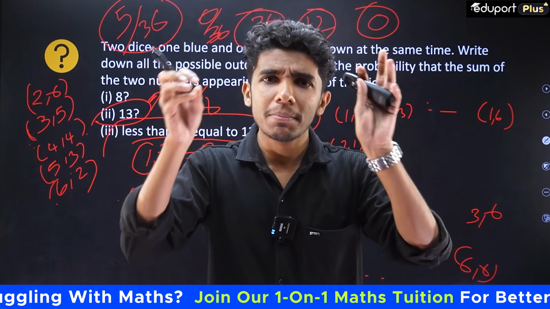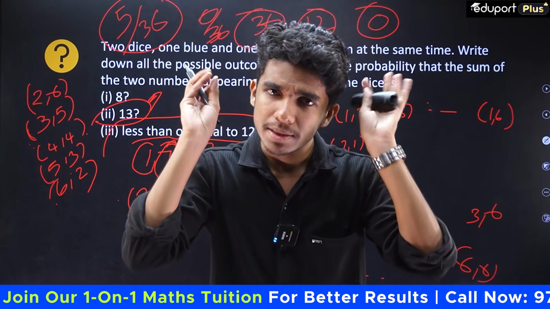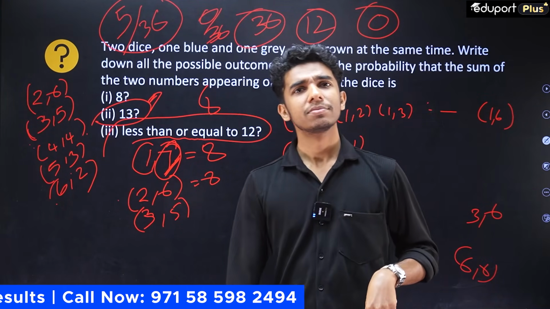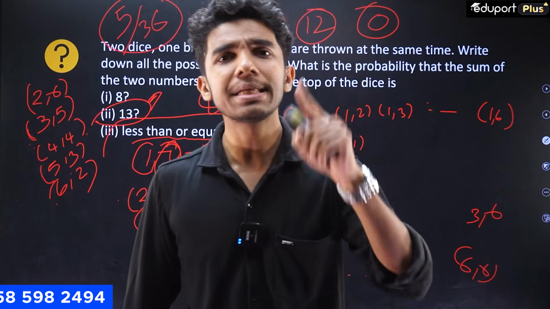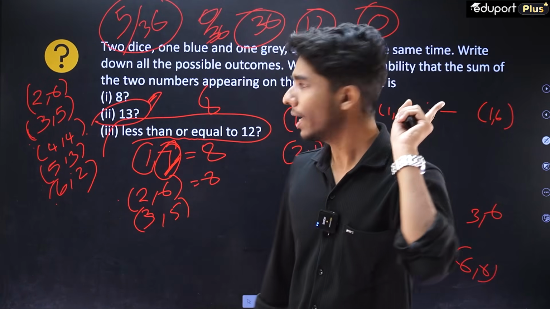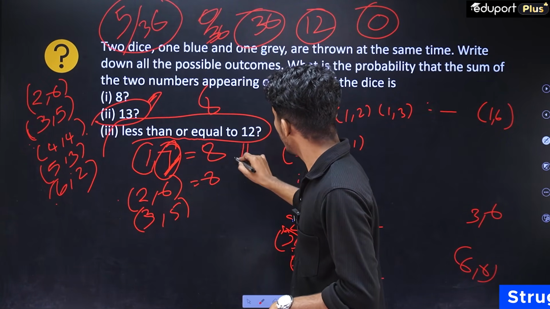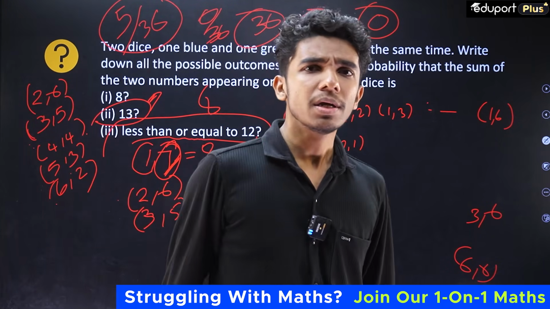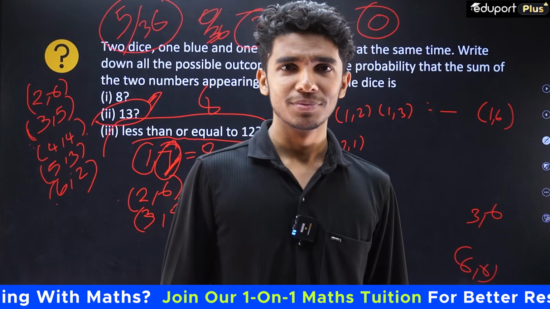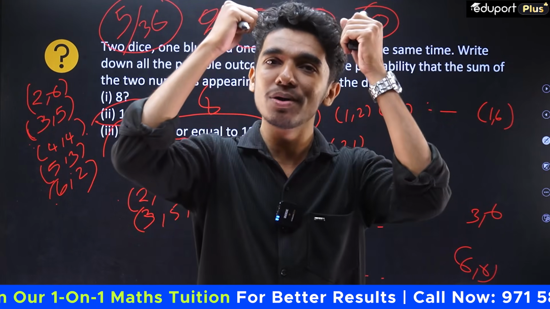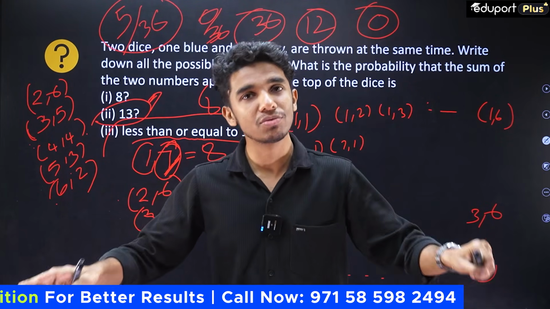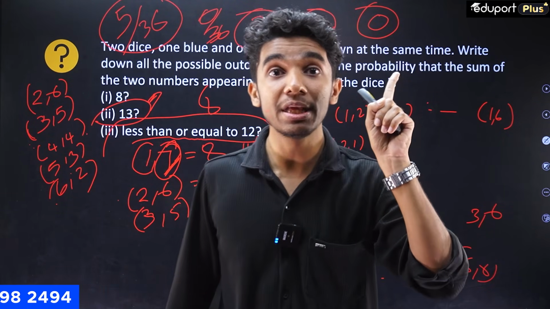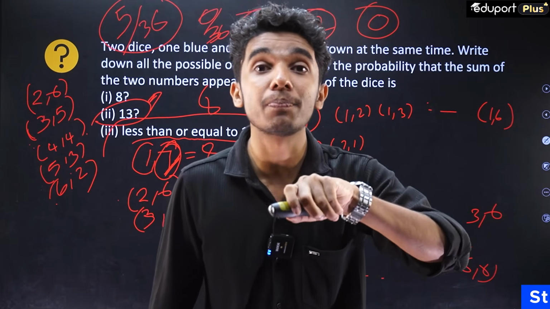Any sum will be less than or equal to 12. You cannot find a number greater than 12. So any number you get, the sum is at most 12. So the probability will be 1. That is my next point.